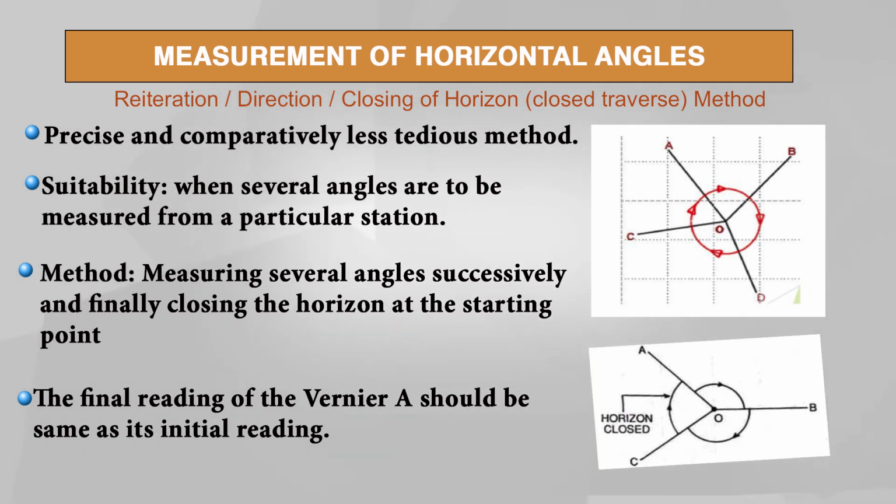If it is not, that means there is some discrepancy, and this discrepancy is distributed equally amongst all the measured angles. Remember, we are forming angles simultaneously, we are measuring several angles in a circle.